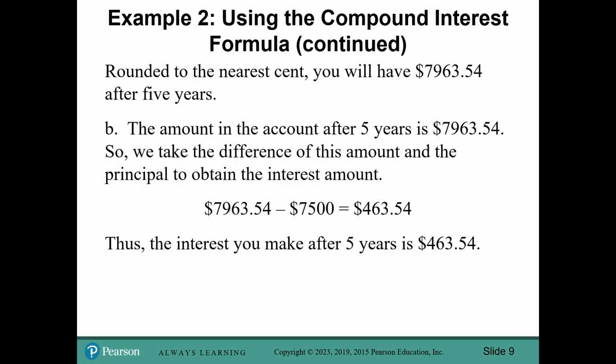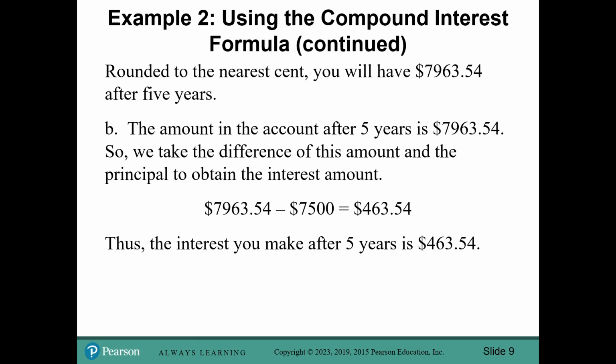Okay, in part B, we want to look at how much of that is interest. The amount in the account after 5 years, we determined to be $7,963.54. If we take the difference of this amount and the principal, the amount that we initially invested, we will then obtain the interest amount.